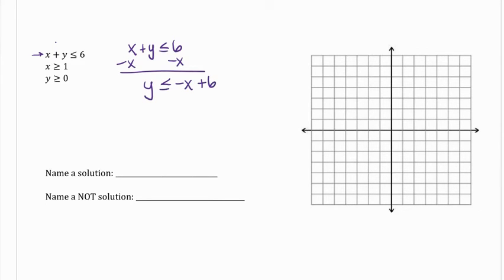We've got a y-intercept, 1, 2, 3, 4, 5, 6, right there. And a slope of -1, so down 1, right 1, all the way across my graph. And also go up 1 and left 1, right? This is a less than or equal to, so we want a solid line for that one.